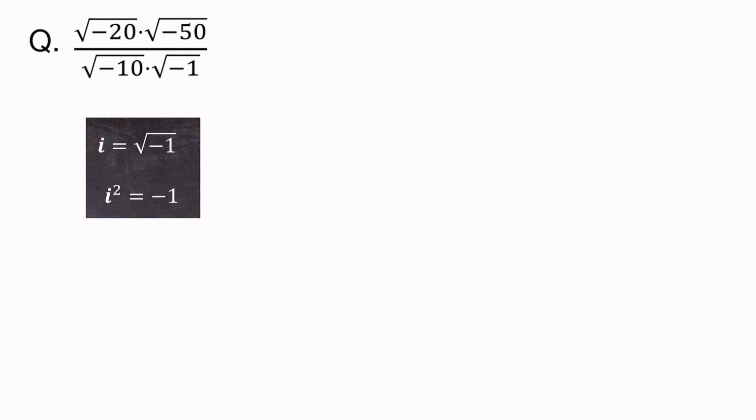So let's get started. The first thing I would recommend is to change each of these numbers into two parts. I would change first the square root of -20 into the square root of 20 times the square root of -1, because according to the rules, the square root of a times the square root of b is equal to the square root of a times b.